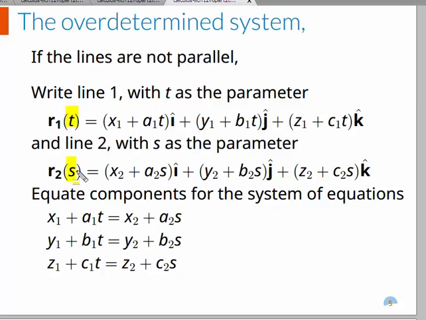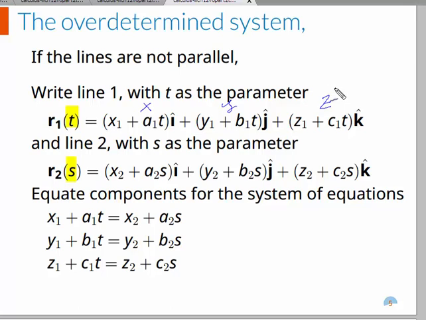Of course, you could use any other letter, just use two different letters. And now this is x, and this is y, and this is z along the line. Now if these lines intersect, which we're going to assume they do, and then try to eliminate that they don't when they're skew, and then find the exact point of intersection if they do intersect.